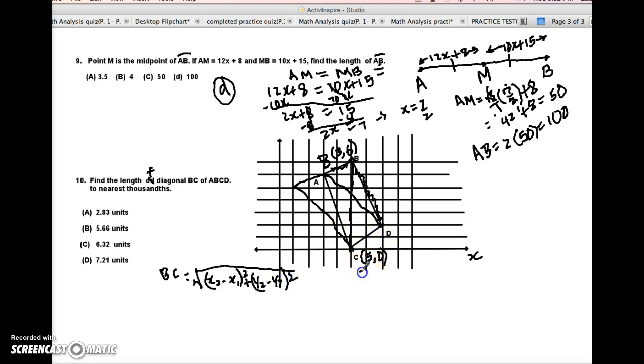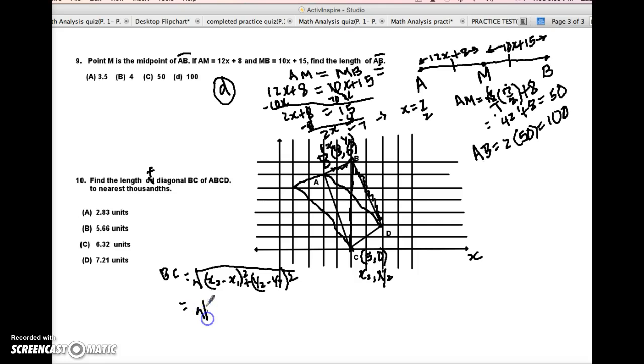I'm going to use these as my x2, y2, and these up here as my ones. My x1 is going to be 3, and my y1 will be 6. A little bit congested here, but I think you'll be able to follow it.